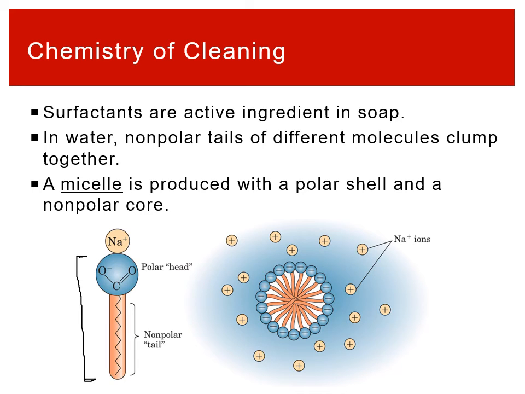What happens is all of these nonpolar tails collect together, right? They're afraid of water, so they collect all together, and there's very little water inside that core of the micelle where there's a bunch of nonpolarness. All of these carbon and hydrogen atoms from all the different molecules are collected together without much water. Instead, you have this shell of all of the hydrophilic heads, the polar part of each of the molecules.